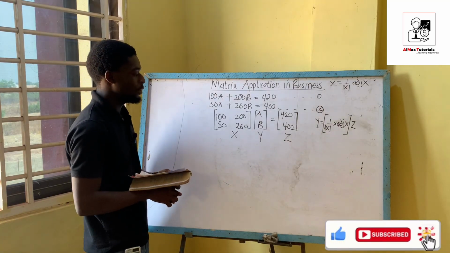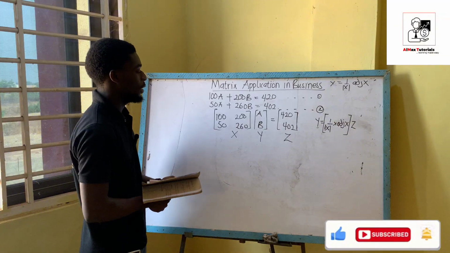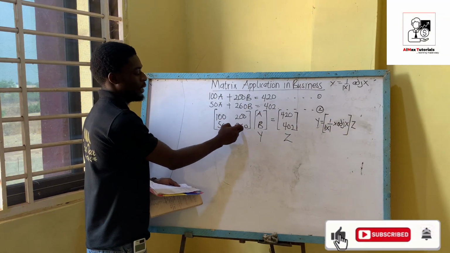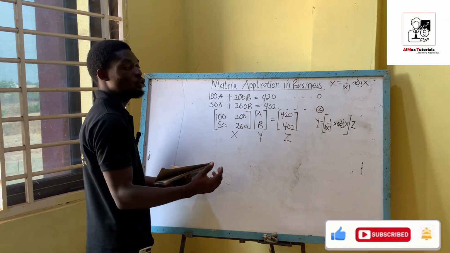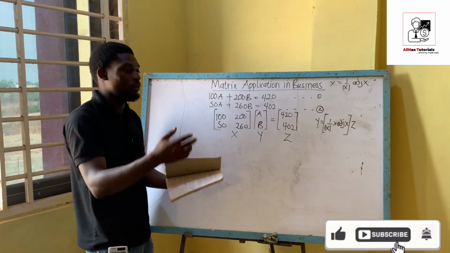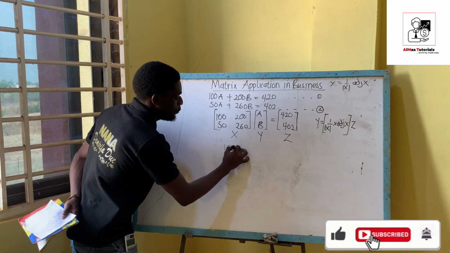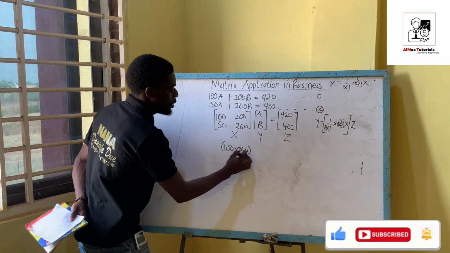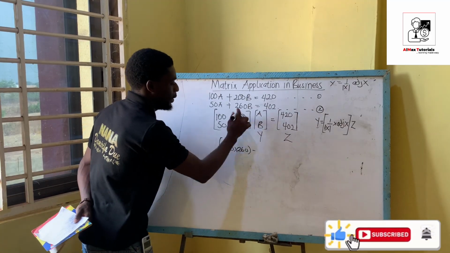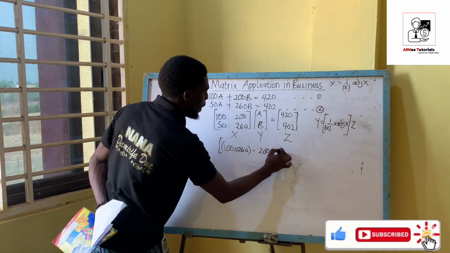We find the determinant by multiplying the leading diagonal, or the principal diagonal, which is 100 and 260. After that, we subtract the other diagonal from the principal diagonal. So it goes like this: 100 times 260, which is the principal diagonal, minus the other diagonal, which is 200 multiplied by 50.